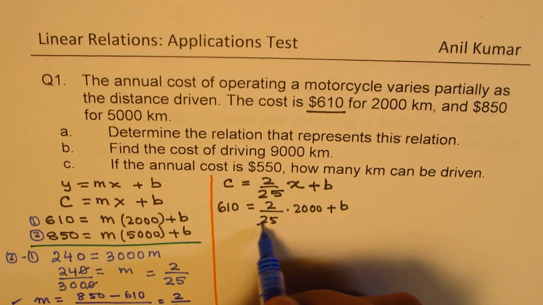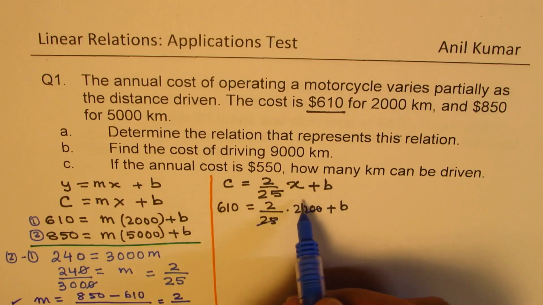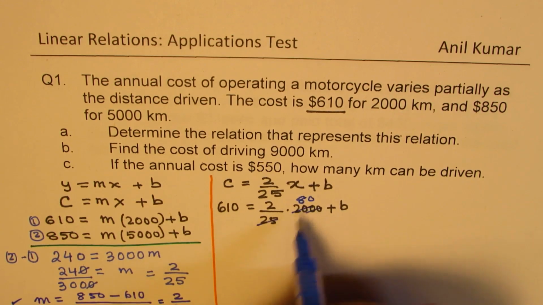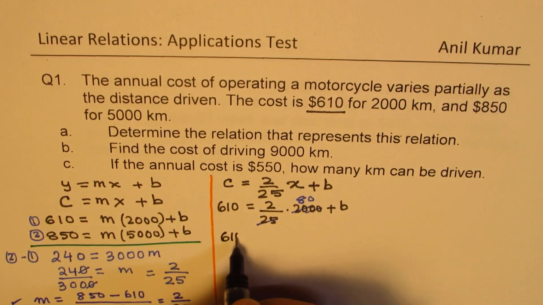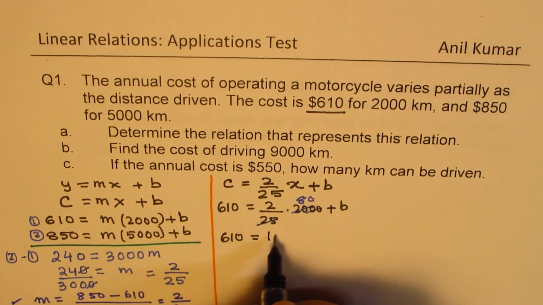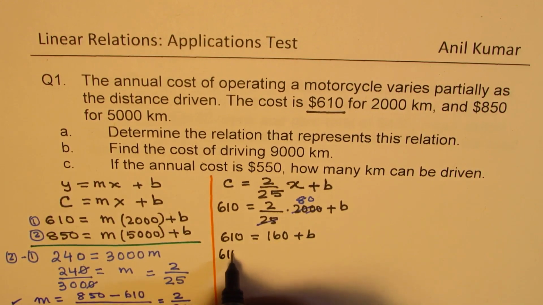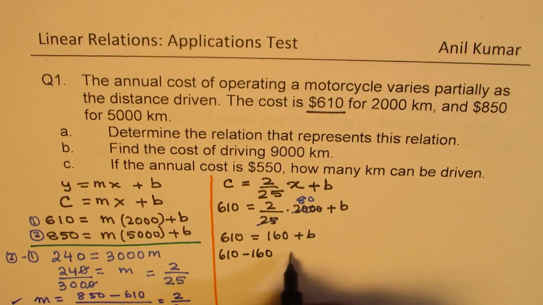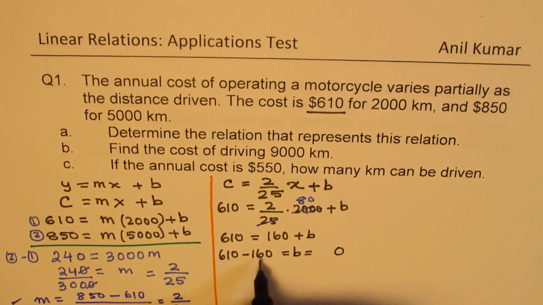Now 25 goes 4 times in 100, right? So you get 80 here, correct? So you could write this as 610 equals 80 times 2, 160, plus b, or 610 minus 160 is equal to b, and that is equal to 450.